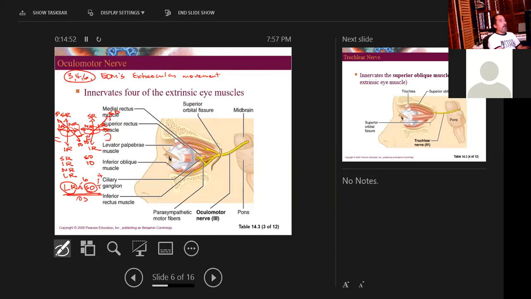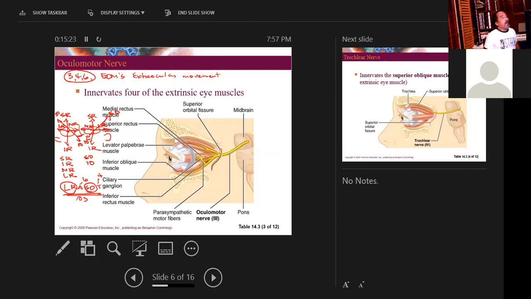Your trochlear, number 4. Inferior oblique. Not here. Not here. Oculomotor. And that's how I was able to answer 16 questions from this information on the licensing exam. So I was happy that I took the time to understand these cranial nerves 3, 4, and 6. So that's EOM, extraocular movement.